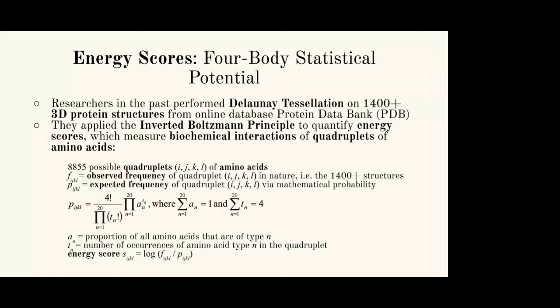So the actual formula is listed below in that diagram. I'm not going to go into detail about exactly how it works, but just some basic information. That's a multinomial probability distribution function. The researchers, when they created this potential, used a multinomial distribution instead of a binomial distribution because the amino acids come in quadruplets, right?